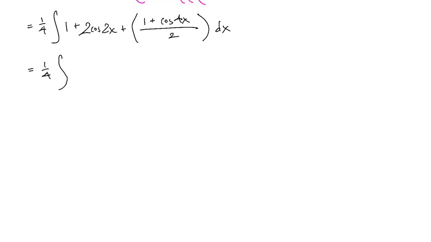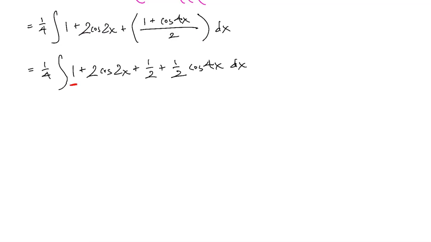Now what I'm going to do is split this fraction into two separate fractions. So I'll get 1 plus 2 cosine 2x plus 1/2 plus 1/2 cosine 4x dx. And I'm going to see about combining some like terms.